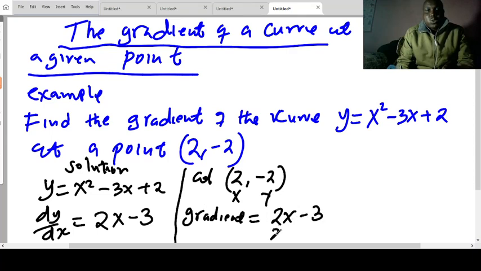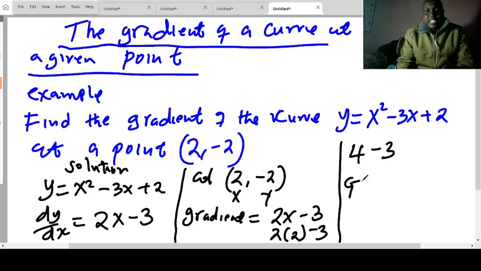And then now 2 into 2, hii 2 nimetoa wapi? Ni value at this point. The value of x is 2, and then minus 3. So that is 2 times 2, which is 4, minus 3. So the gradient of that curve at that point is 1.